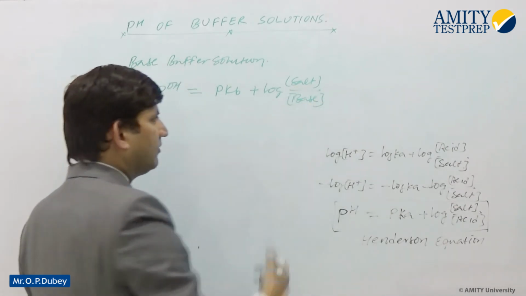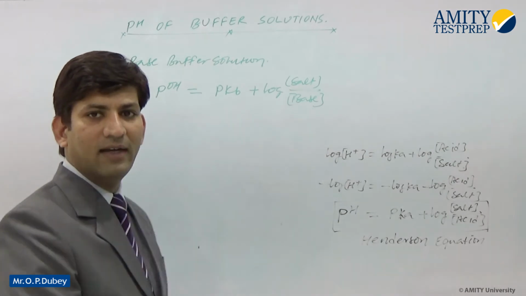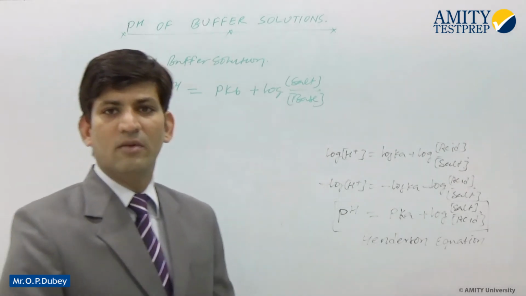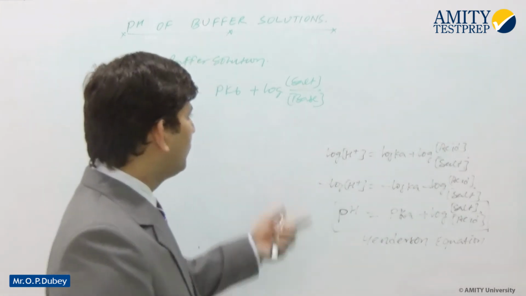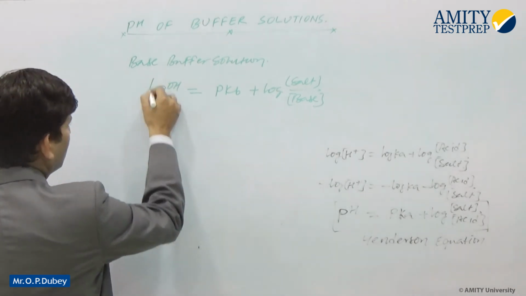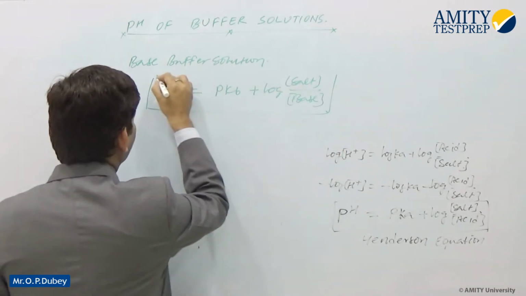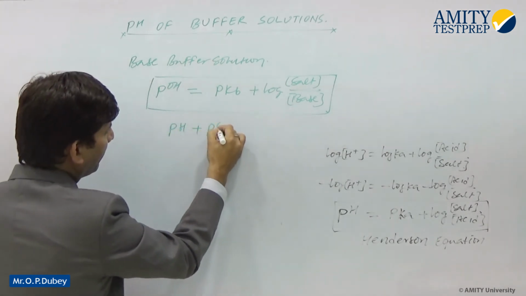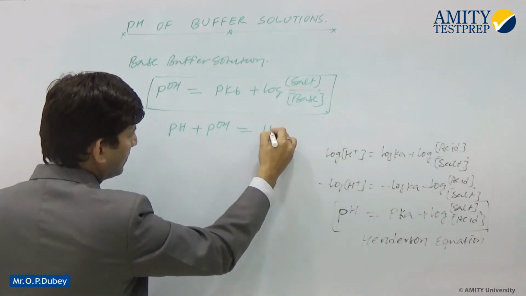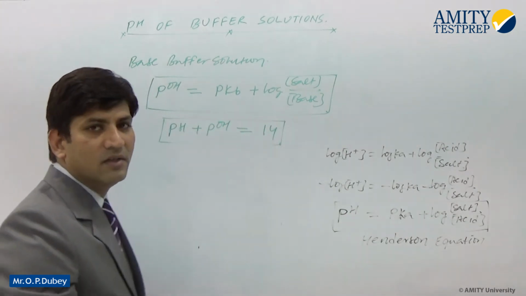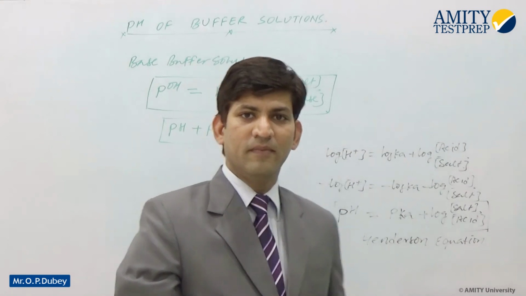Again, in place of the concentration of salt and base, we can write the number of moles of the salt and the number of moles of base present in the solution. From this Henderson equation, we can calculate the pOH of the solution, and we also know that pH plus pOH of the solution is equal to 14. We can easily find the pH of the base buffer solution.